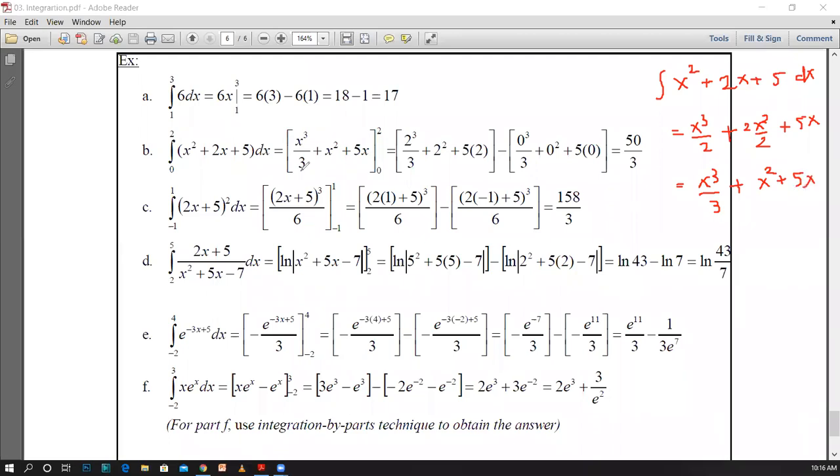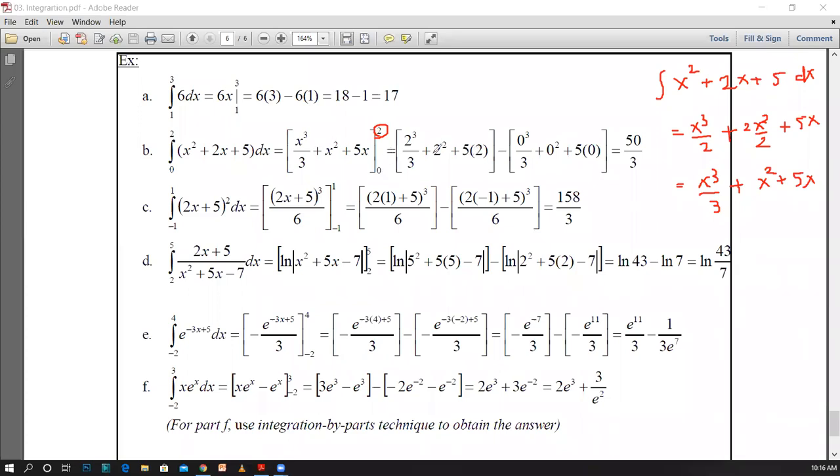You can say this is the answer which I have obtained, and then you have to substitute the upper limit and the lower limit respectively. First you are substituting the upper limit, so in the place of x you have to substitute the value 2, and that is the first part, then minus the latter part, which you have to obtain by substituting the lower limit.